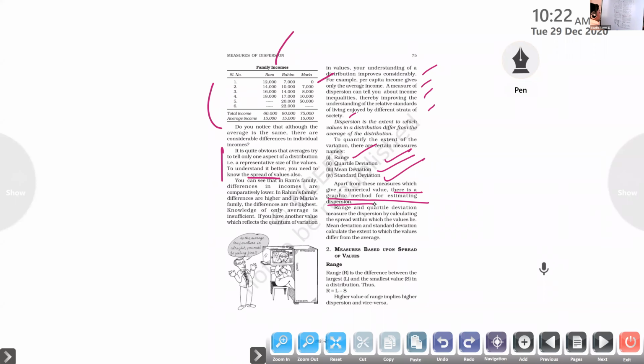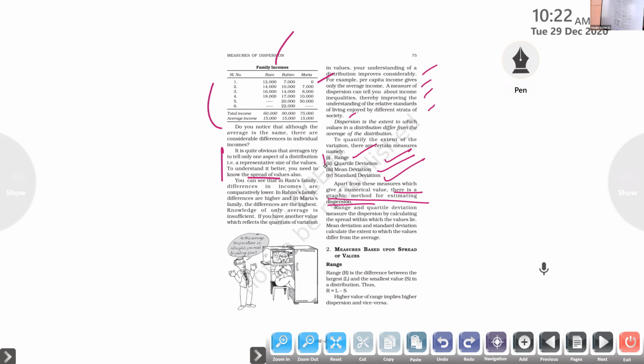Range and quartile deviation measure the dispersion by calculating the spread within which the values lie. Mean deviation and standard deviation calculate the extent to which the values differ from the average, right? So first 2 methods, what are they? Range and quartile deviation.